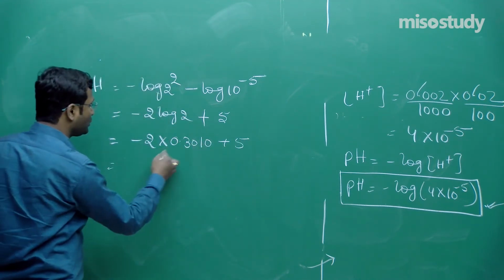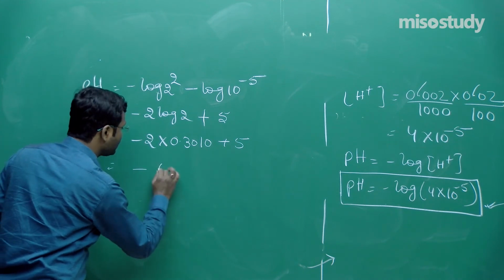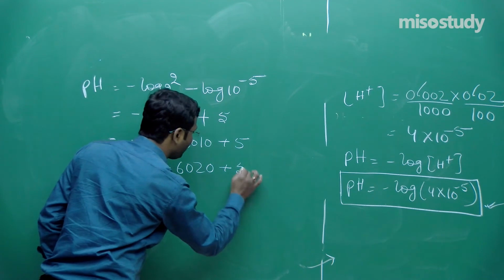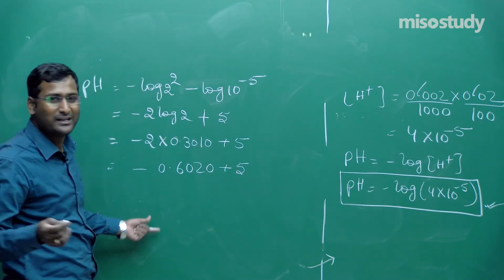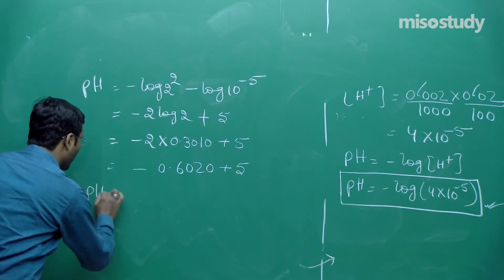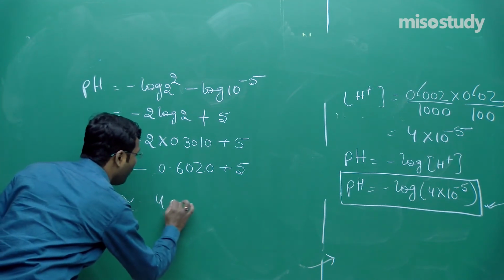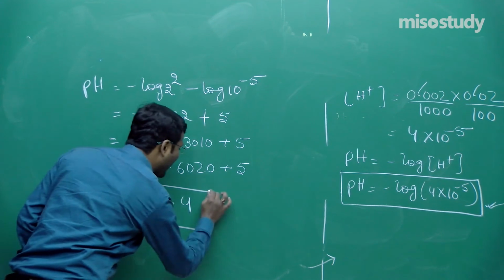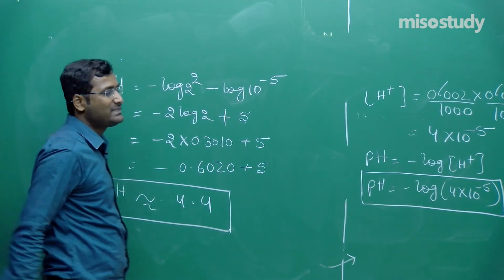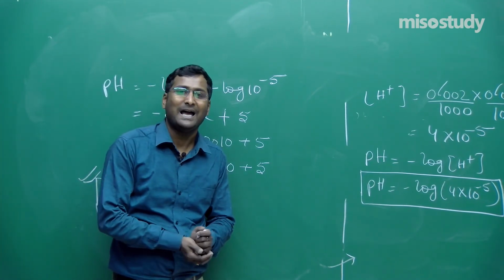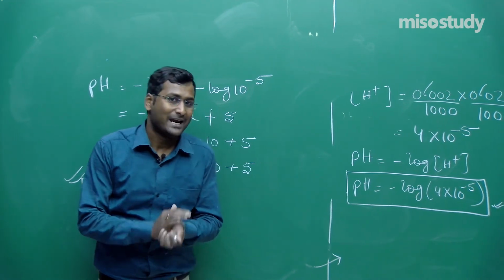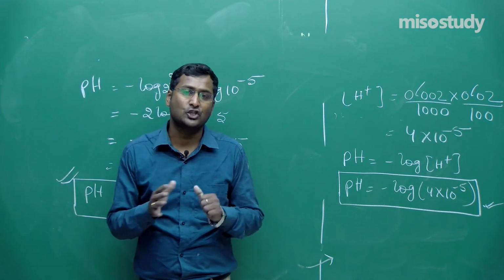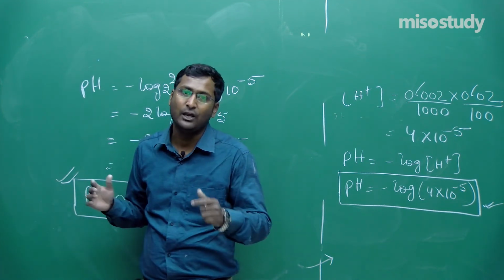It will be equal to minus 0.6020 plus 5. Now I hope it's so easy, you can easily solve. The answer will be almost equal to 4.4. That is the value of pH for 0.002 normal acetic acid solution. It's very simple. If you follow the trend, you can easily solve the question related to pH and pOH.